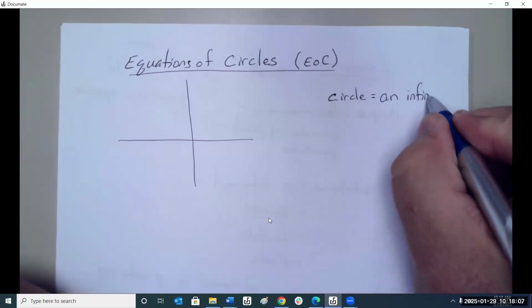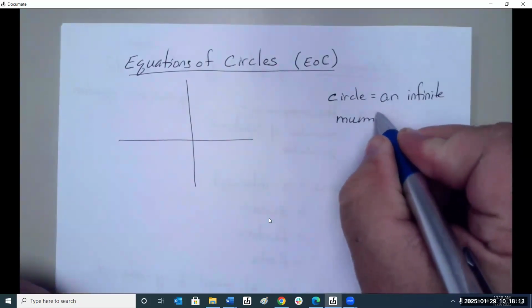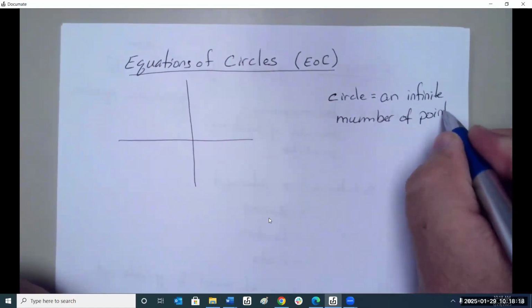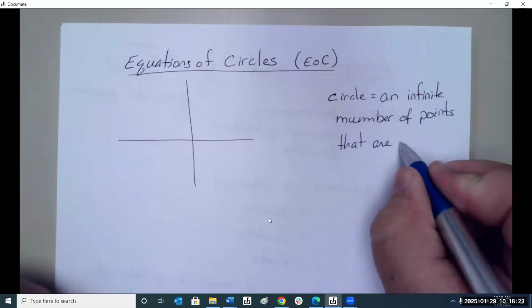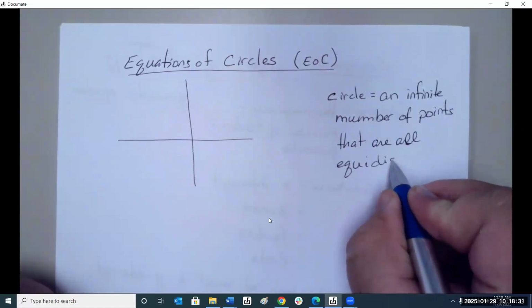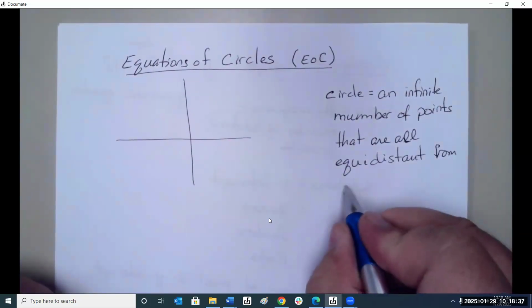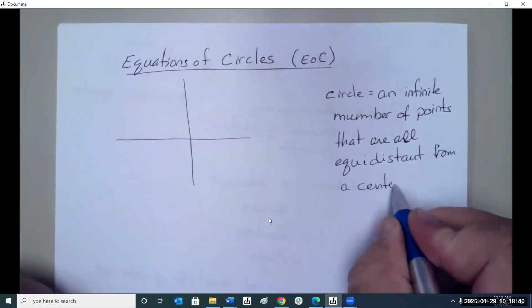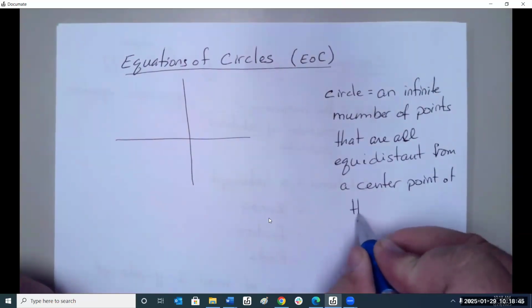An infinite number of points that are all equidistant from a center point of the circle.